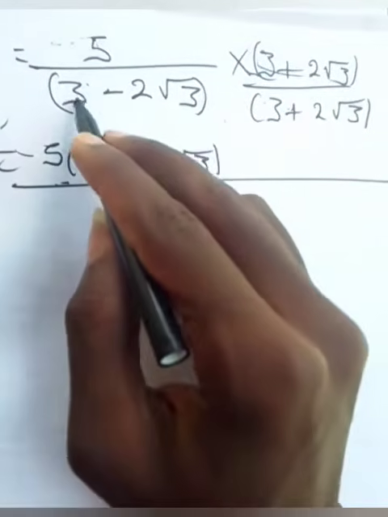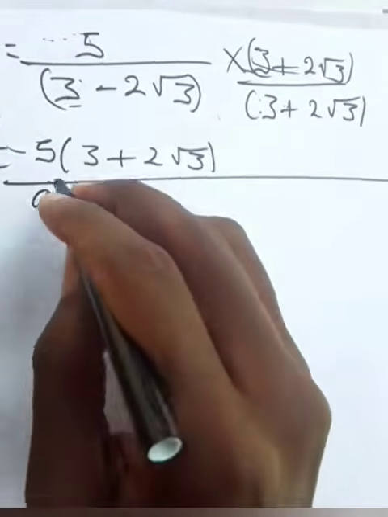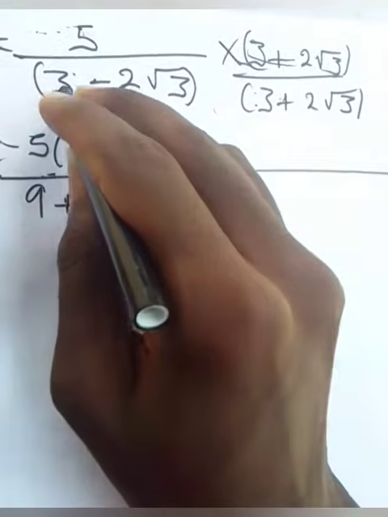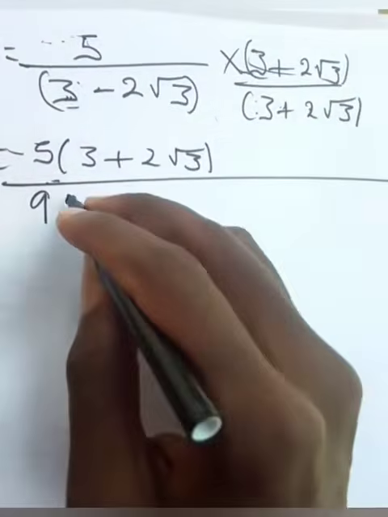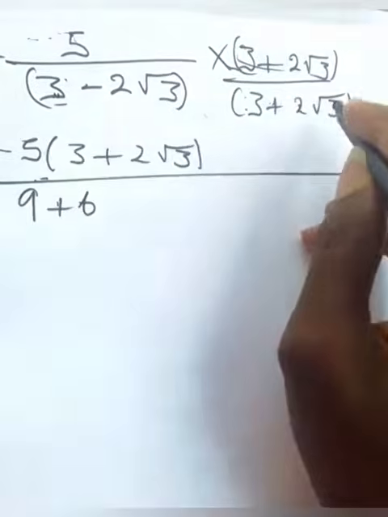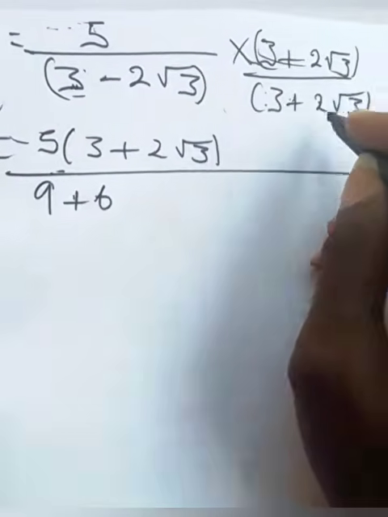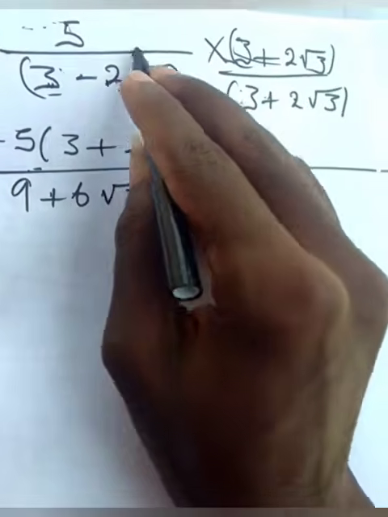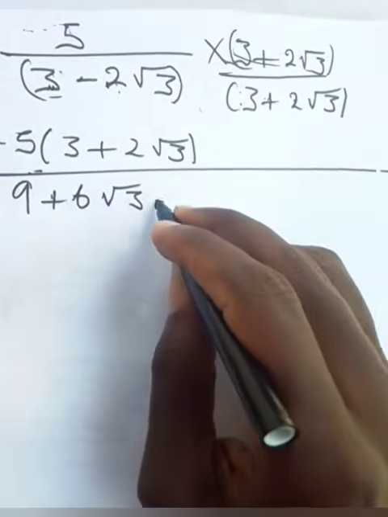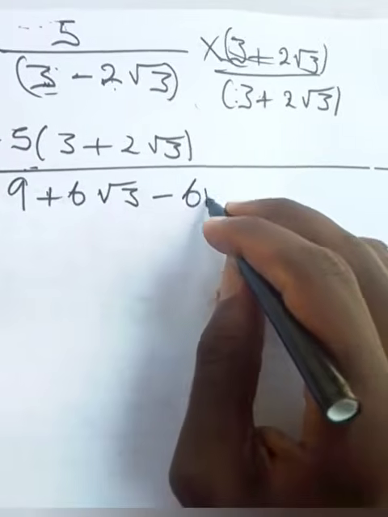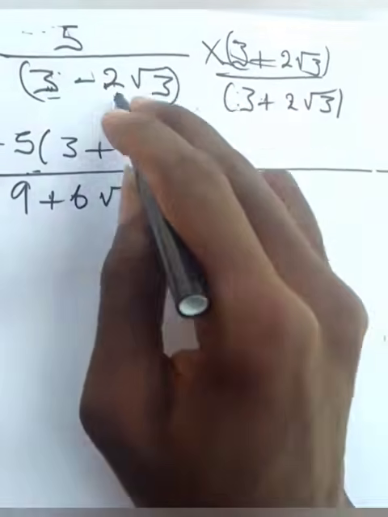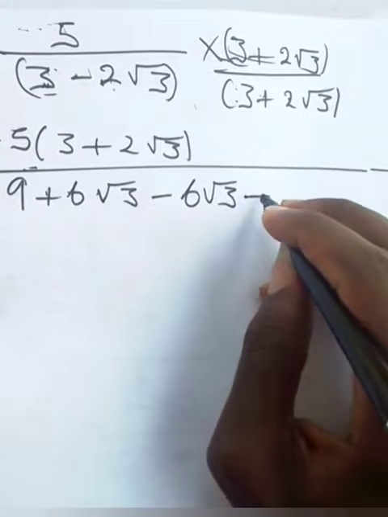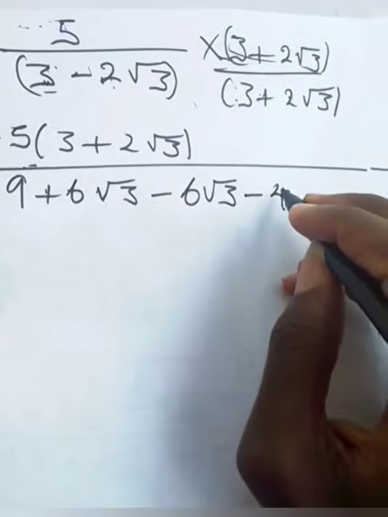So we say 3 times 3 is going to be 9. 3 times this, there we're just having a 3 times 2, it is 6, then now we also write the square root there. Then we come here, this times this is going to be negative 6 square root of 3. Then this times this is going to be negative 4 square root of 3.